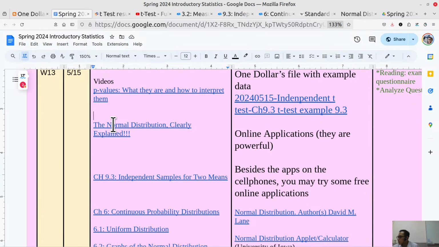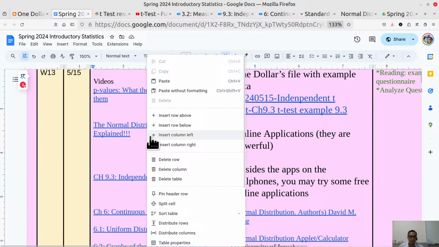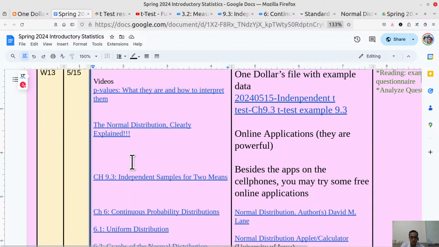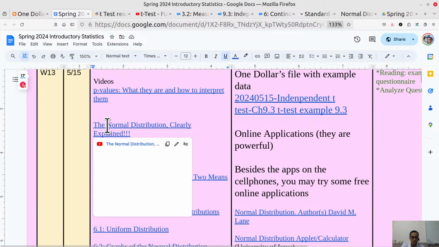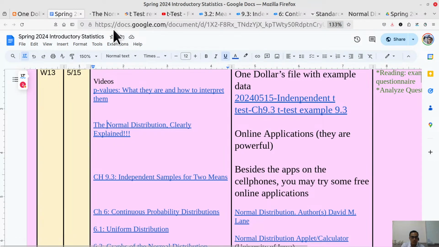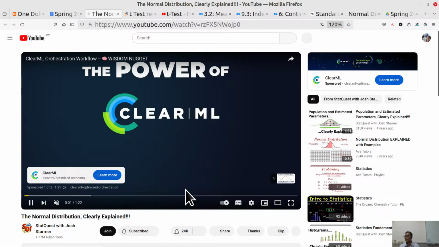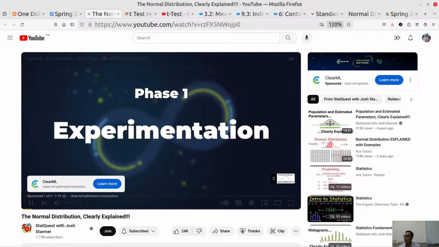Department at the University of North Carolina at Chapel Hill. Today we're going to be talking about the normal distribution. This is part one of a handful of StatQuests on this distribution because it's so darn important. Today, let's just start with the basics. Chances are you've seen a normal or Gaussian distribution before. It's also called a bell-shaped curve because it's a symmetrical curve that, wait for it, looks like a bell.